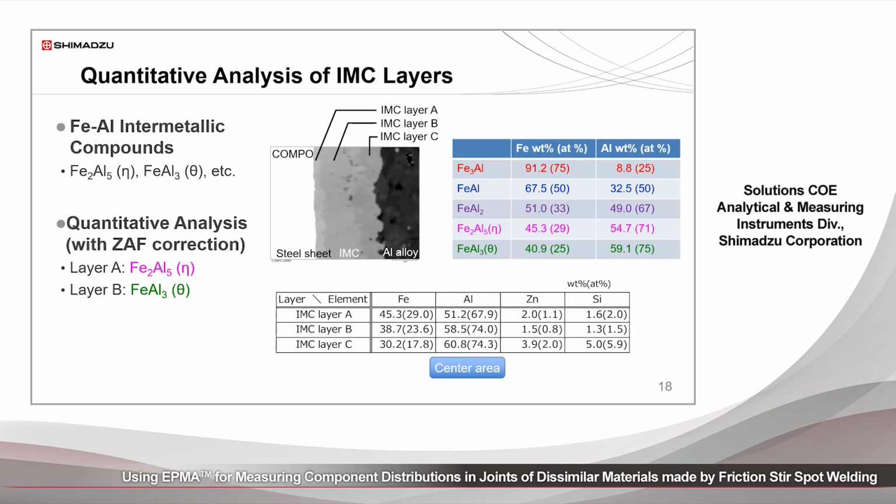As you get farther away and closer to the aluminum alloy, the iron content decreases while the aluminum content increases. Also note that there is a non-negligible amount of zinc within the intermetallic compound layer, even at the center of the weld. The silicon content is most concentrated at IMC layer C.